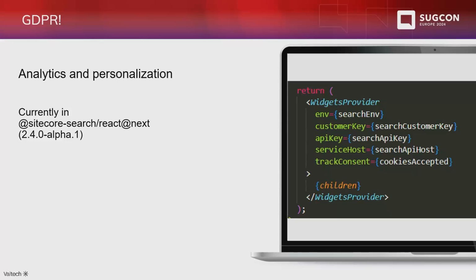There is now a property you can specify on the widget provider, the initialization of Sitecore Search, to indicate if there is consent for tracking, and then none of those tracking events will be sent to Sitecore Search. Of course, it affects your analytics and personalization, just as all the other analytics things we have.